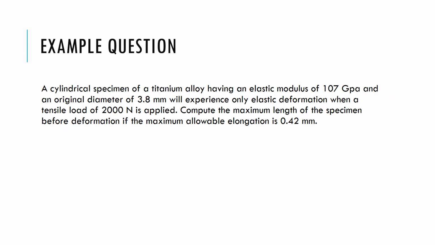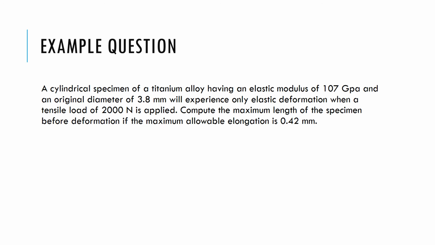Now let's have a look at this example question. A cylindrical specimen of a titanium alloy has an elastic modulus of 107 gigapascals. It has an original diameter of 3.8 millimeters and experiences only elastic deformation when a tensile load of 2000 newtons is applied.